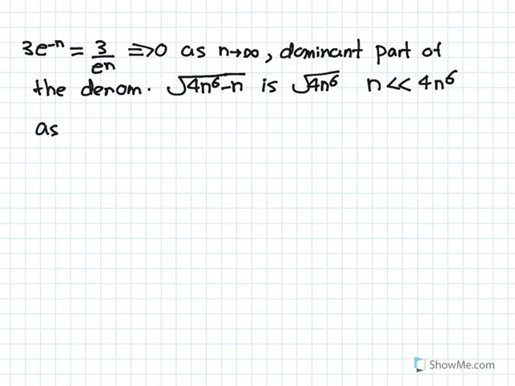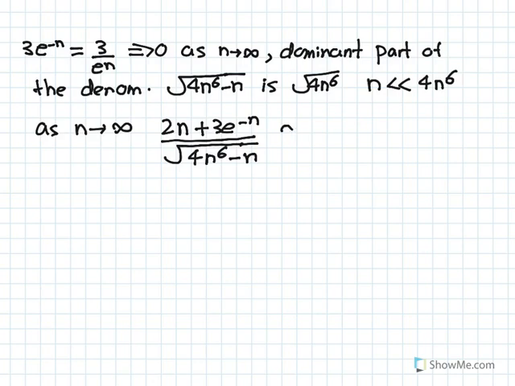So as n goes to infinity, 2n plus 3e to the minus n, which is a general term of our given series, divided by the square root of 4n to the 6 minus n, will be approximately equal to 2n divided by the square root of 4n to the 6, which is equal to 2n divided by 2n cubed. The 2's cancel out, and we get n divided by n cubed, so we get 1 over n squared.